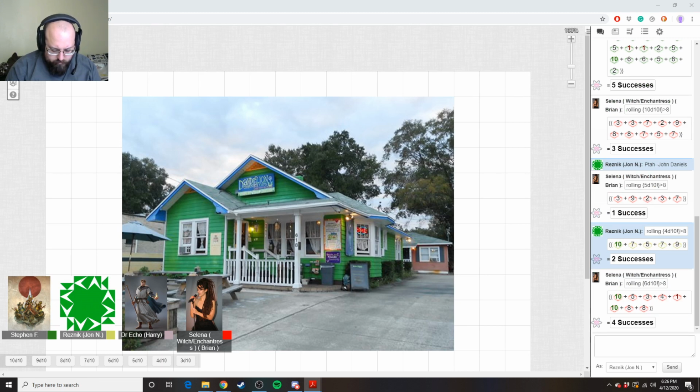Four successes. Alright, so you gain a +3 dice pool bonus to using a social skill. So now when I use the social skill, do I also add in an attribute too? Yeah, because you're going to use the skill, the attribute, and then the bonus.